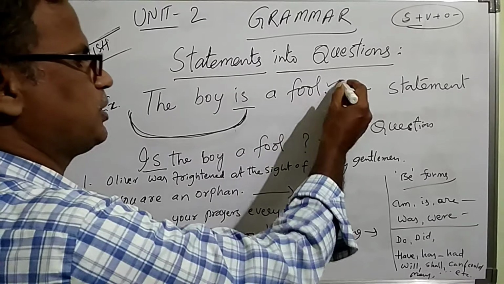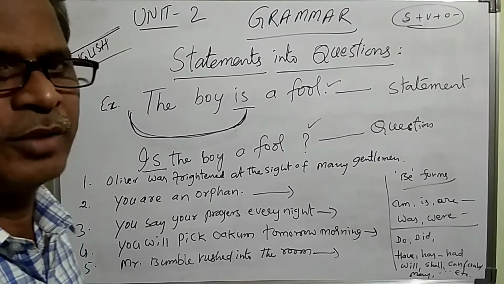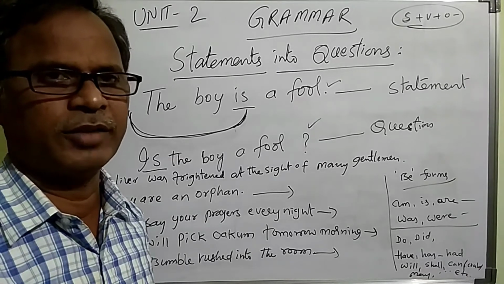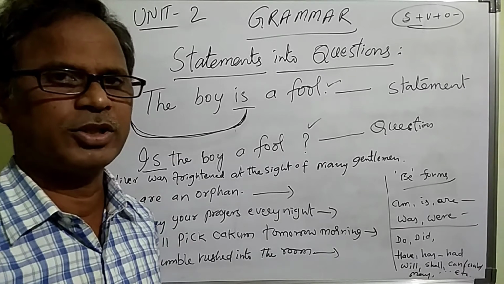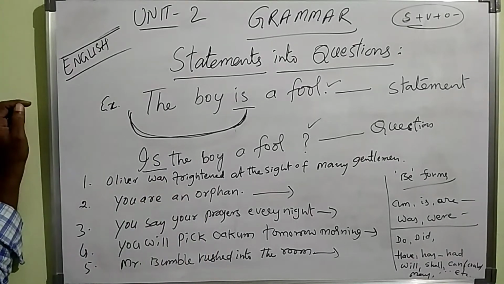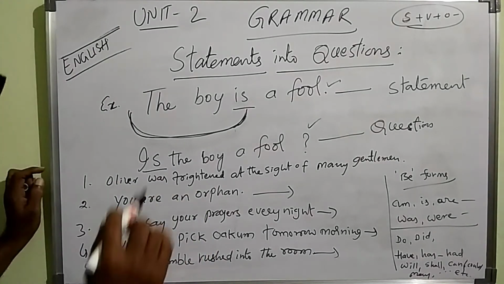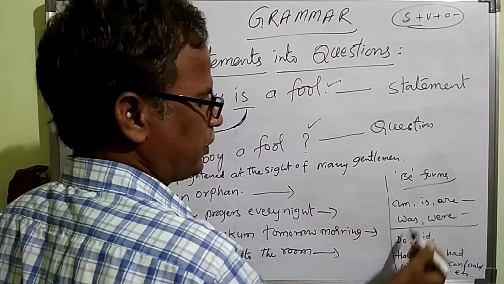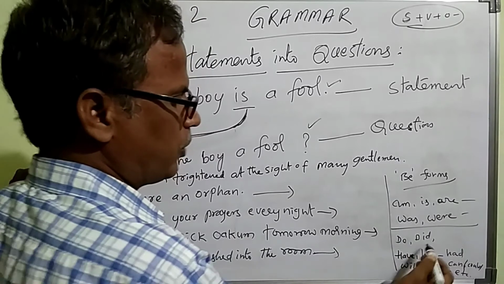This was a statement, but here it became a question, a yes or no answer question. I think you understand that. So to make yes or no answer questions, generally we have to take the be forms of the statements. Do you understand here? Simple. What are the be forms? Am, is, are, was, were. Do, did.